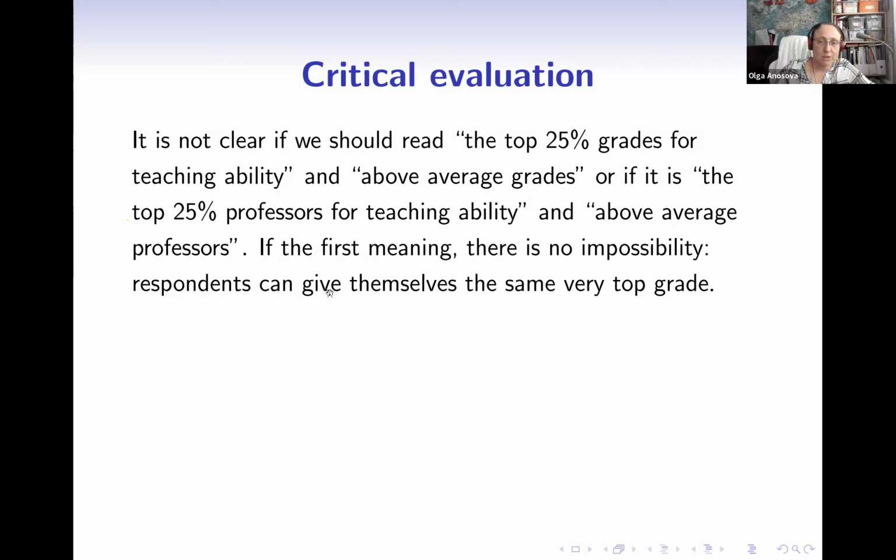But another interpretation is a bit more interesting, when we arrange everybody by teaching ability and then take the top 25% for teaching ability, or top 25% of people. So what happens then?